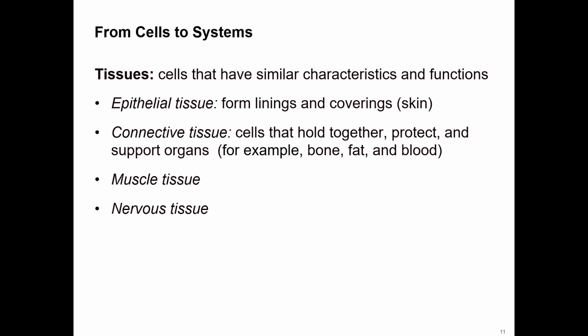And so that's a connective tissue called adipose. Even your blood, even though it's liquid, is a type of connective tissue. Muscle tissue, you've got three different types of muscle tissue in the body, and then your nervous tissue, made up of neurons that you find in your brain, your spinal cord, and your nervous system.